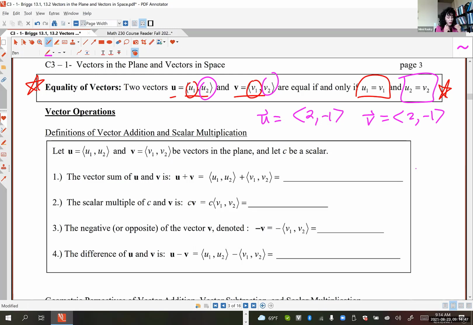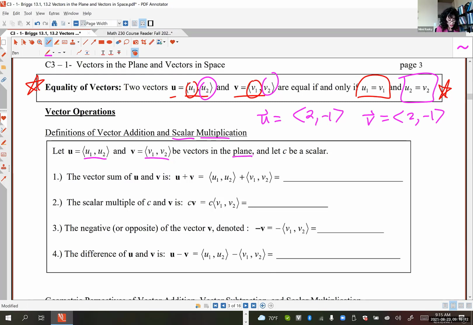Let's do some vector operations. In other words, adding 2 vectors together, as well as something called scalar multiplication. What the heck? Fill in these blanks. And it's what you would expect too, folks. There's nothing mysterious about this definition that you will see. So here we go. Let's have a couple of vectors, u and v.